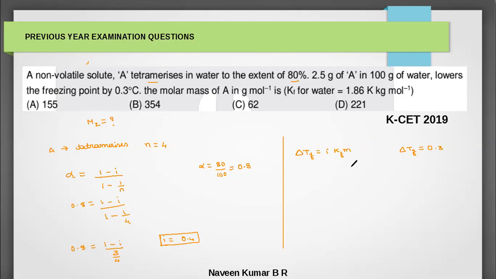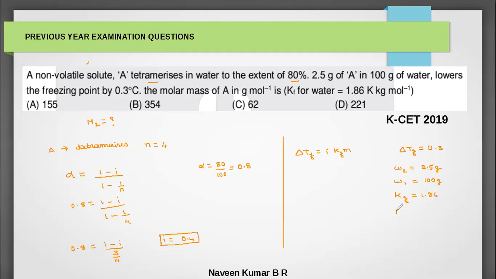The mass of solute W2 is given, which is 2.5 grams of A dissolved in 100 grams of water, hence the mass of the solvent is 100 grams. And Kf is given here, Kf equal to 1.86 Kelvin kg per mole.